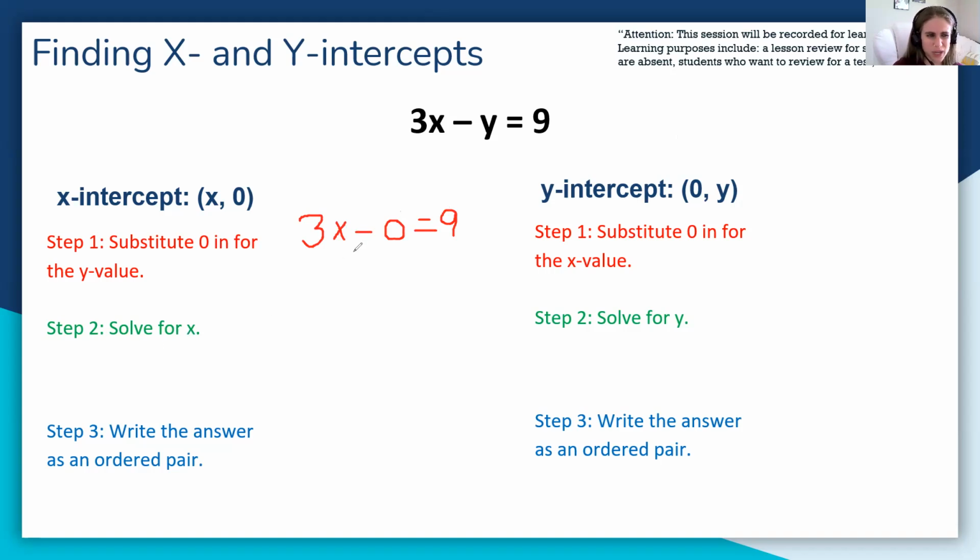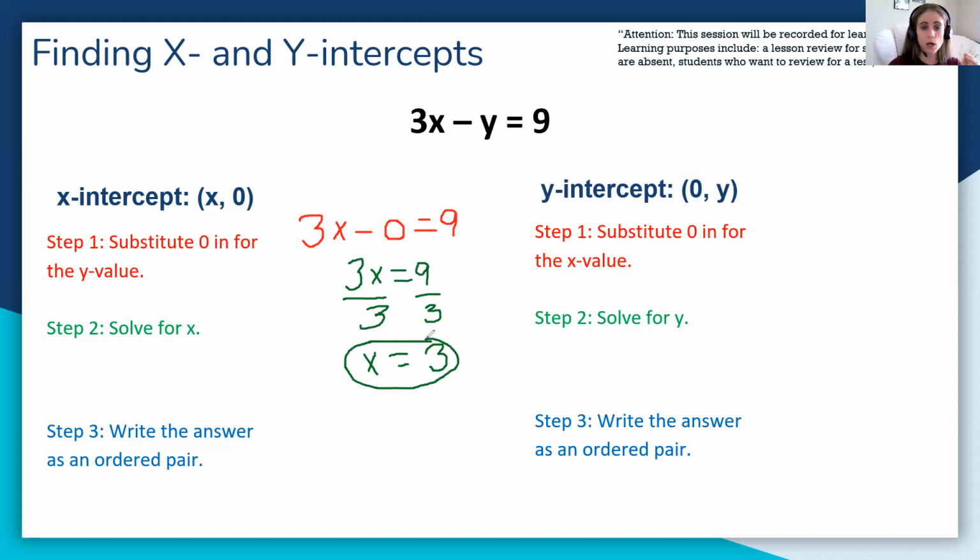Do I really need to write 3x minus 0? No, because they're not like terms, but even if they were, if you subtract 0, it doesn't change anything. So let's write that as 3x equals 9. What do we need to do to get x by itself? Divide. That means our x value is 3.